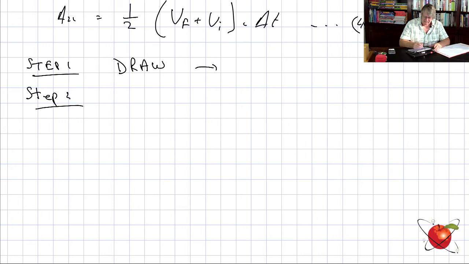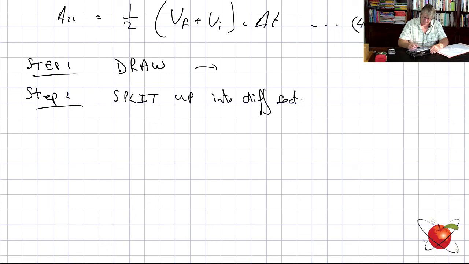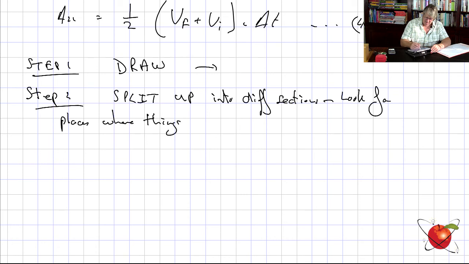Step 2 is, big word, discretize. But I'm going to put in split up into different sections. How do you decide where to split it up? You look for places where things change.